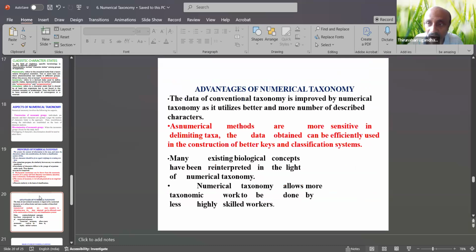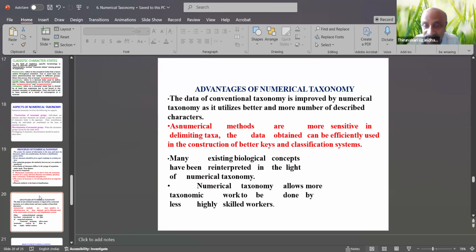Then what are the advantages of numerical taxonomy? The data of conventional taxonomy is improved by numerical taxonomy. It utilizes a better and greater number of described characters. The more characters, the more important. Numerical methods are more sensitive in delimiting taxa. The data obtained can be efficiently used in the construction of better keys and classification systems.